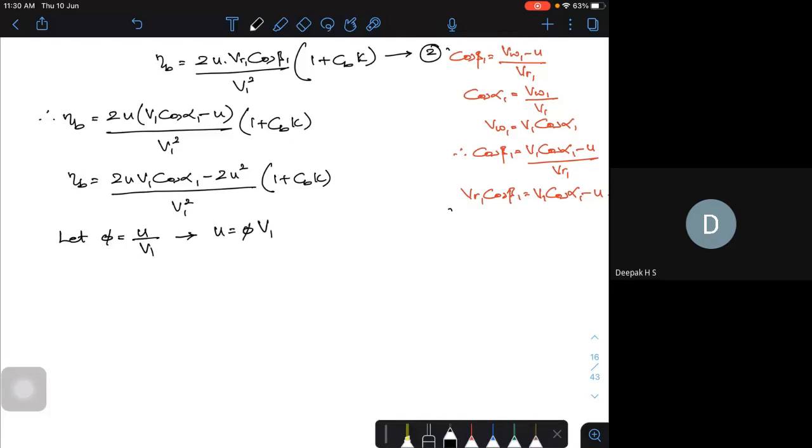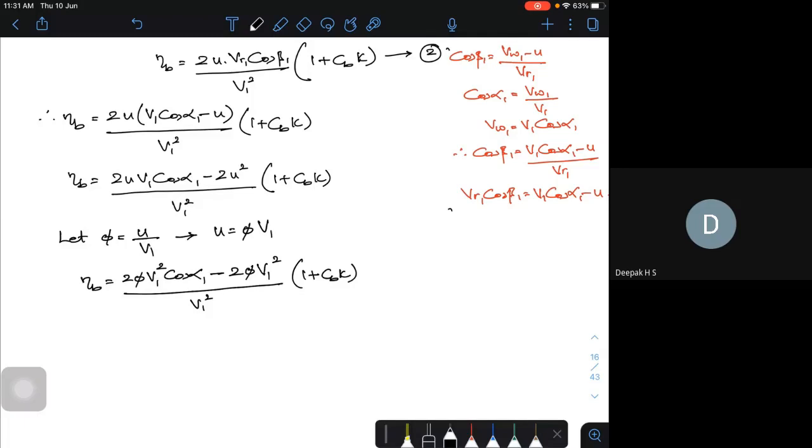Therefore, blade efficiency is equal to 2 into phi into V1 square into cos alpha 1 minus 2 into phi square into V1 square, divided by V1 square into (1 plus CB into K).